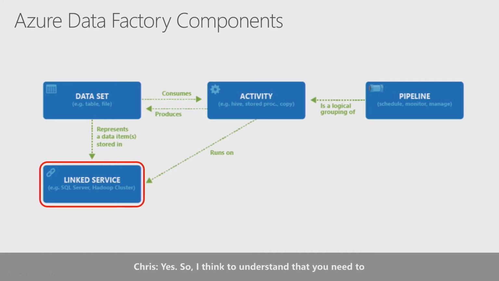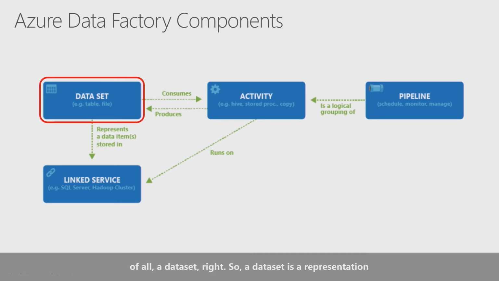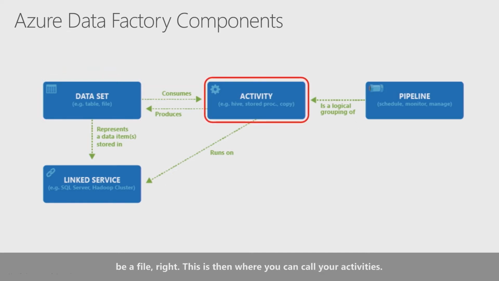So I think to understand that, you need to understand a few other components first. In order to understand the activity, you need to understand, first of all, a data set, right? A data set is a representation of a data item in a linked service, which could be a table, it could be a file. This is then where you can call your activities.